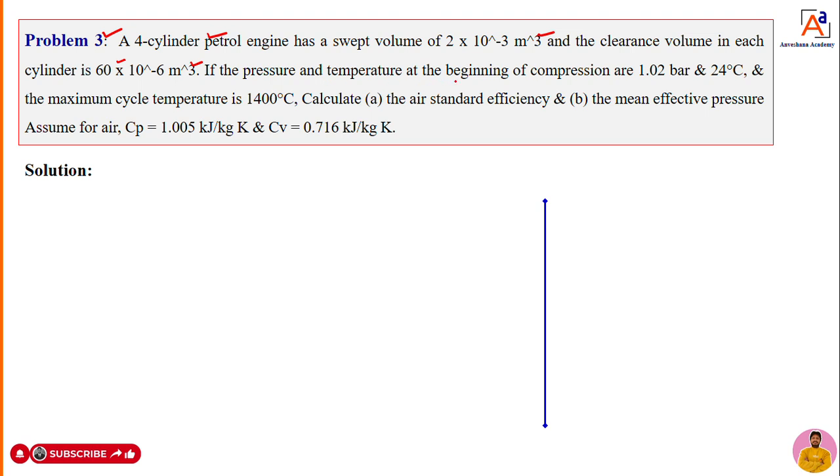If the pressure and temperature at the beginning of the compression are 1.02 bar and 24 degrees Celsius and the maximum cycle temperature is 1400 degrees Celsius, calculate first the air standard efficiency, second the mean effective pressure.